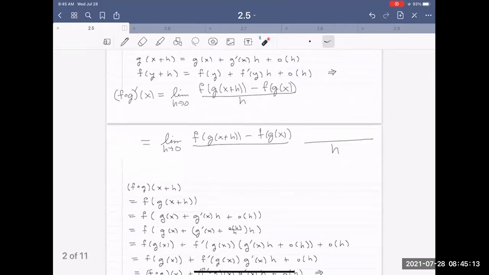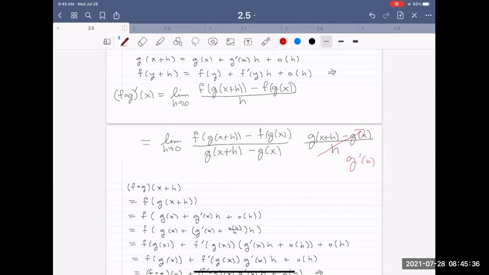So you'd say it has to be g of x plus h minus g of x, and you'd do the same thing here, g of x plus h minus g of x. And you'd say this approaches g prime, and this approaches f prime of g of x.